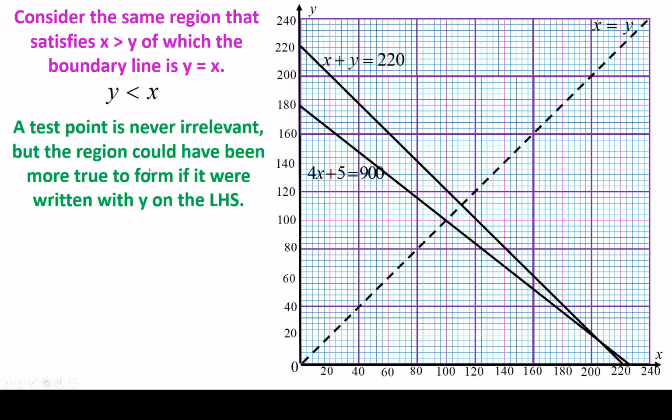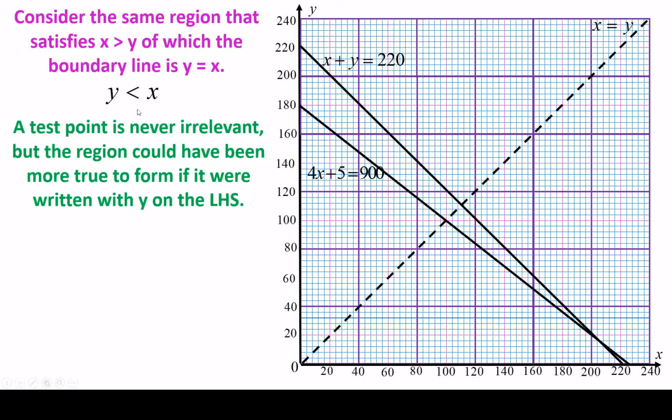Not only that, but by so doing, since we have x is greater than y, therefore y is less than x. That means the inequality sign is also true to form.